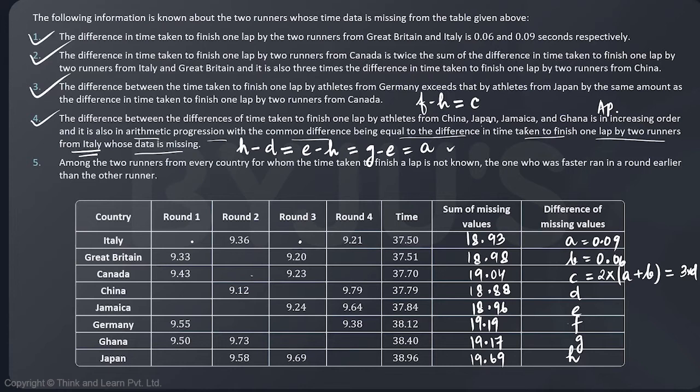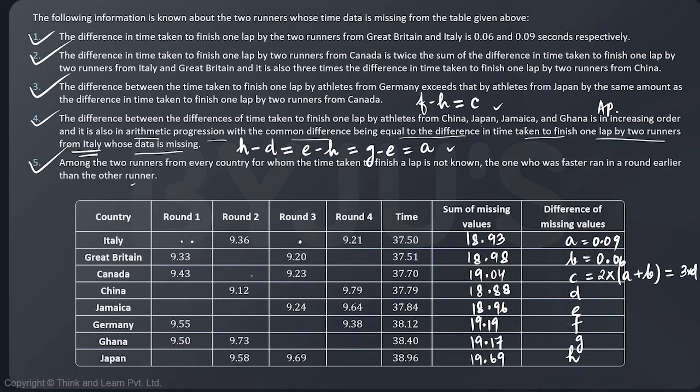So we have this particular value and these expressions. So we will have to solve them. We will solve them in some time. Fifth statement says among the 2 runners from every country for whom the time taken to finish the lap is not known, the one who was faster ran in a round earlier than the other runner. So this is good.